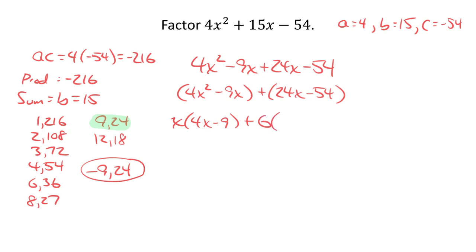If I put 6 there, we end up with 4x minus 9. Once again, by design, this works because the things in the parentheses are equal to each other. When we factor out the 4x minus 9, we'll be left with x plus 6. So our final answer is x plus 6 multiplied by 4x minus 9.